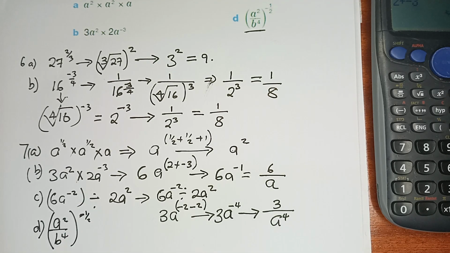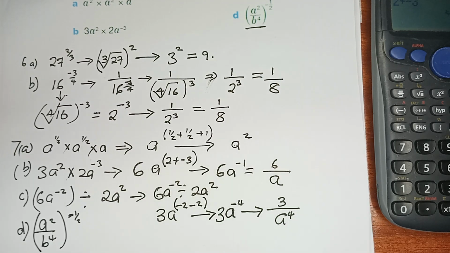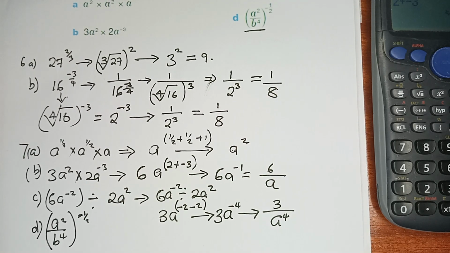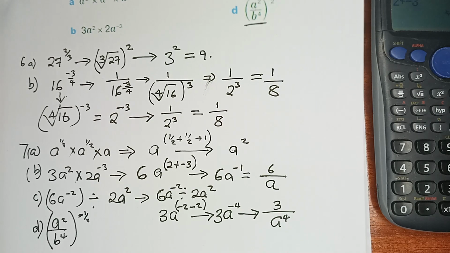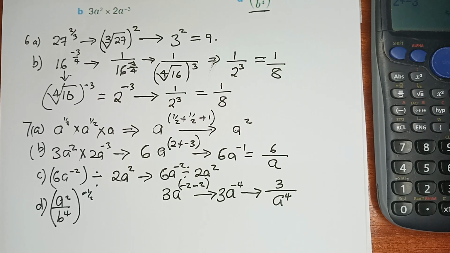As you can see, there is a fraction which is raised to a negative index. What we know from the previous videos is that if you want to make this power positive, then we must flip the fraction, that is a squared over b raised to power 4.